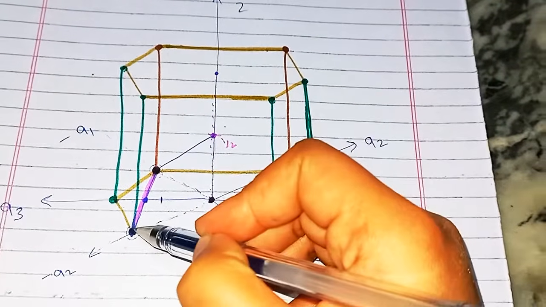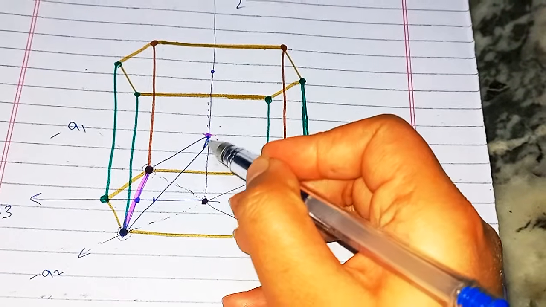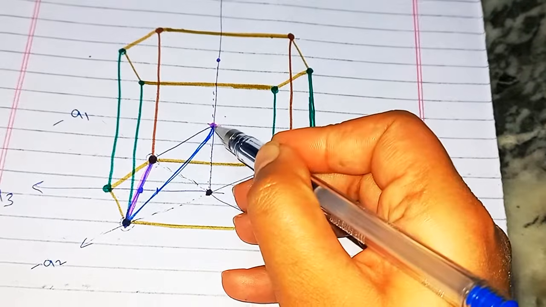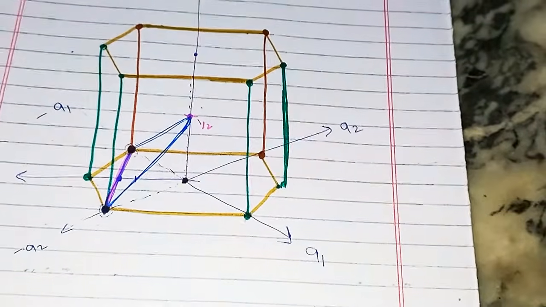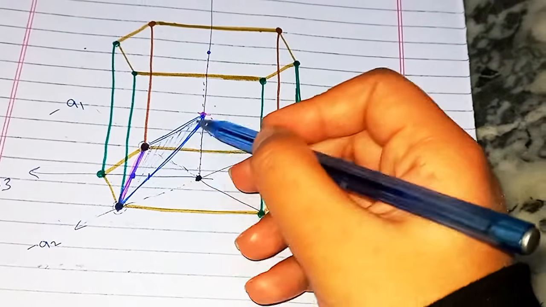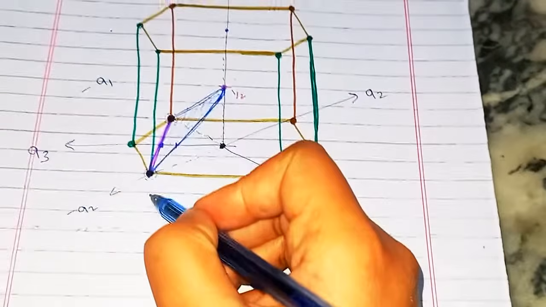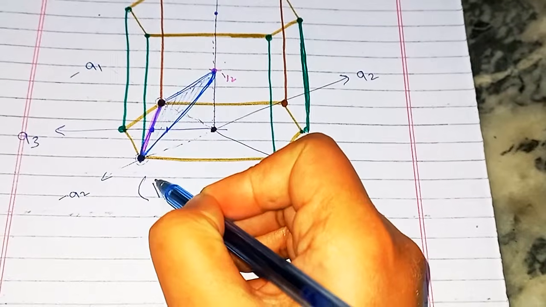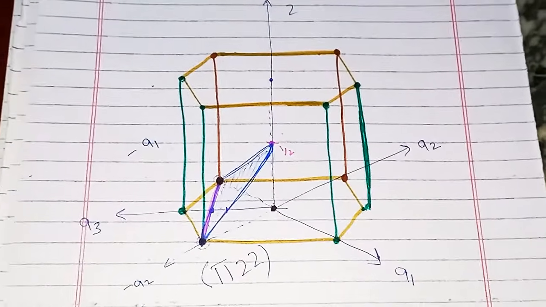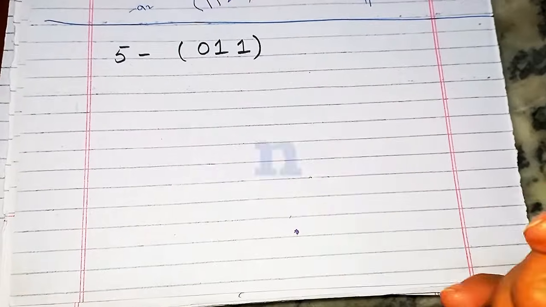So this and this. This is the plane. Okay, you can shade it like that. So you have got the plane, which is (1 1 bar 2 2). This is it. Now let's do the next one.